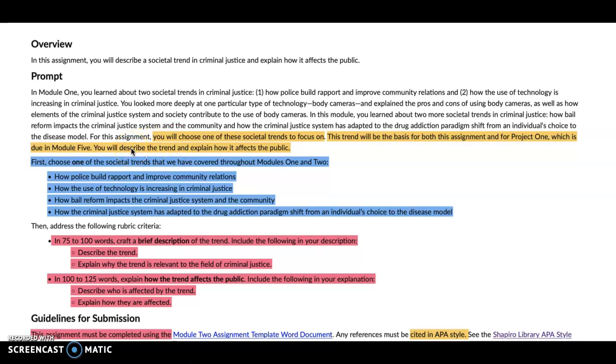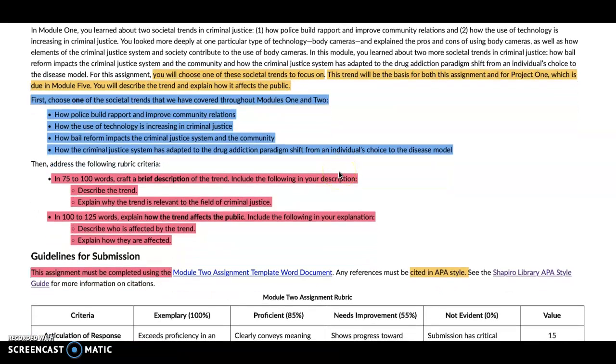So you need to remember that, because I'll be making notes on my paperwork so that I'll remember which one you wrote about. Pay careful attention to what we're doing this week and what the criteria are for these assignments.